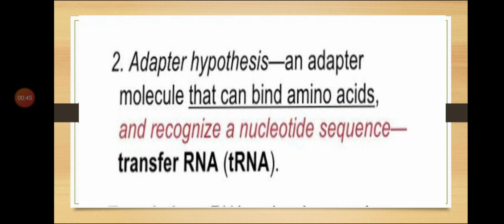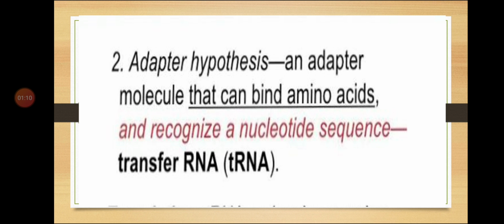Okay, let us start. Why is this tRNA called an adapter molecule? What is this adapter hypothesis? An adapter molecule that can bind amino acids and recognize the nucleotide sequence, that is tRNA, transfer RNA, is called an adapter. I will explain this.